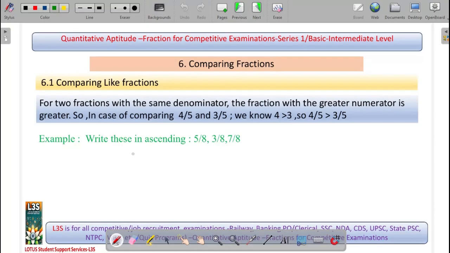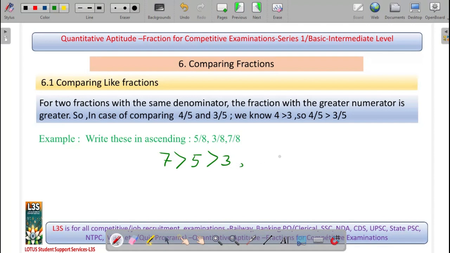One example: write this in ascending order: 5 by 8, 3 by 8, 7 by 8. Here we can see it is a like fraction because the denominators are all 8. Now 7 is greater than 5, which is greater than 3.